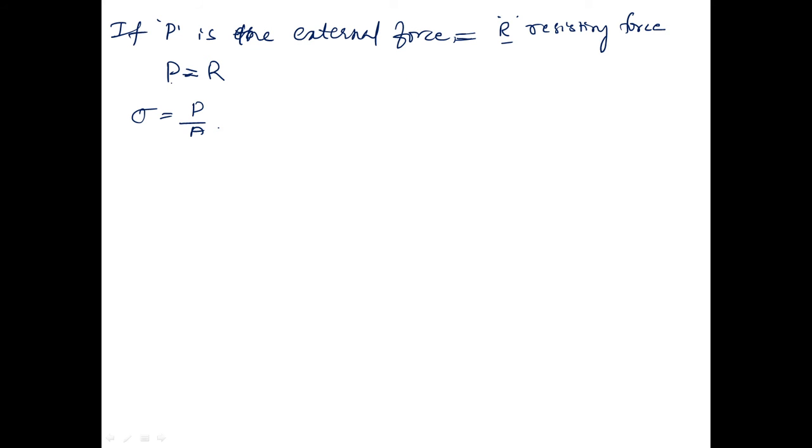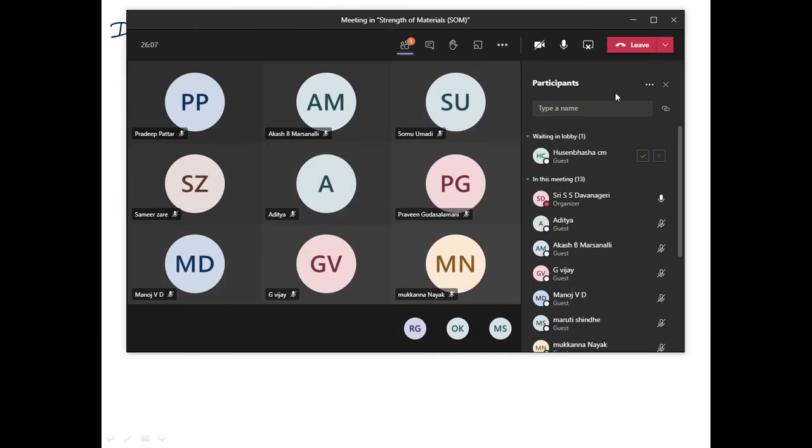As the component is in equilibrium, the external force applied over the component is equal to the resisting force developed inside, so we replace R by P, giving P by A.